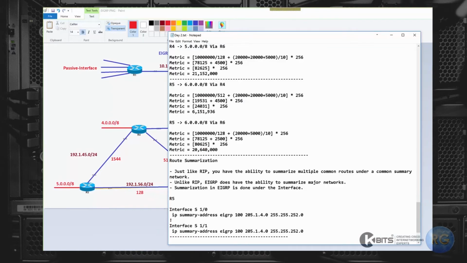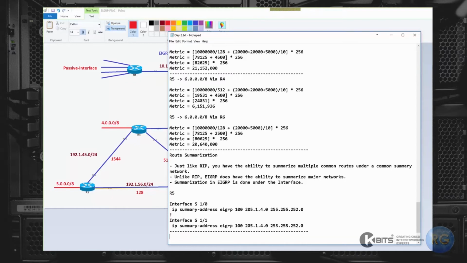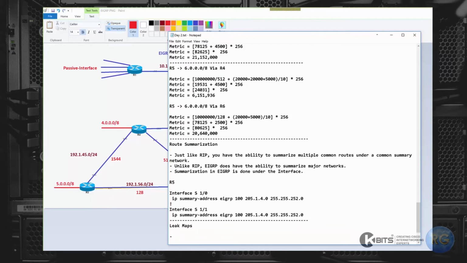Let's write this down for you guys as well. Leak maps allow you the ability to leak out the specified routes along with the summary address.